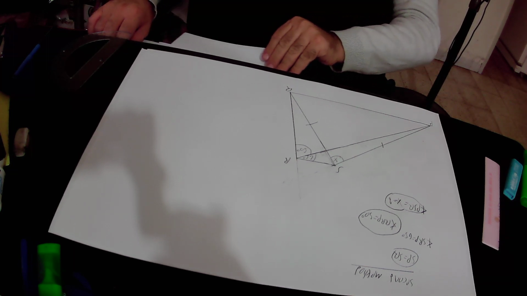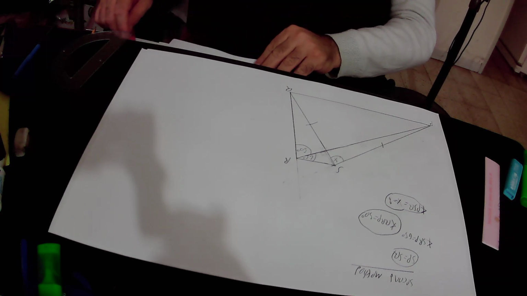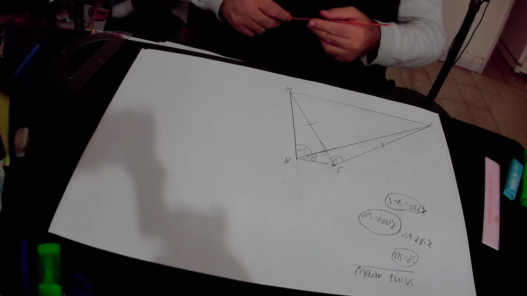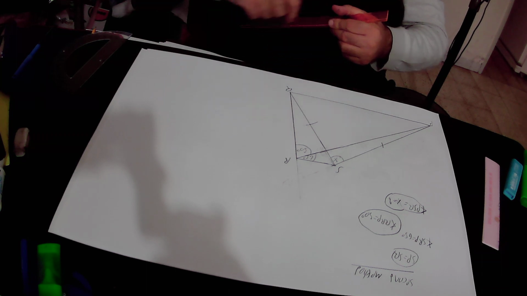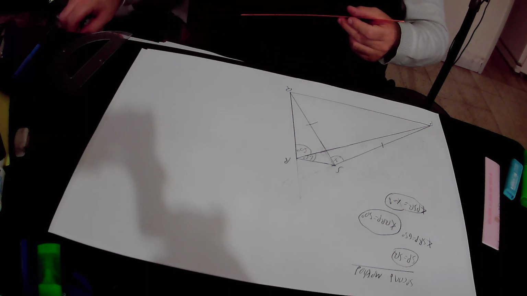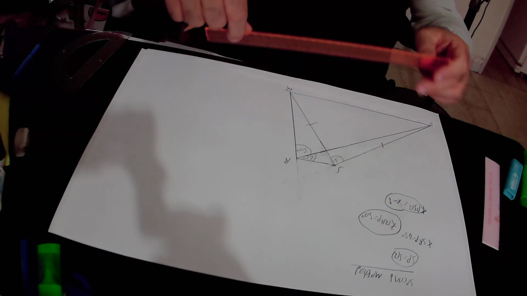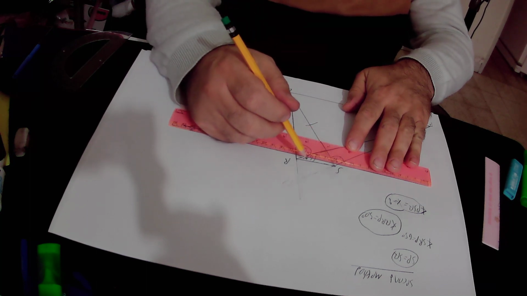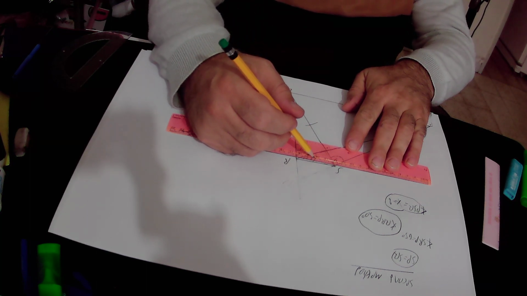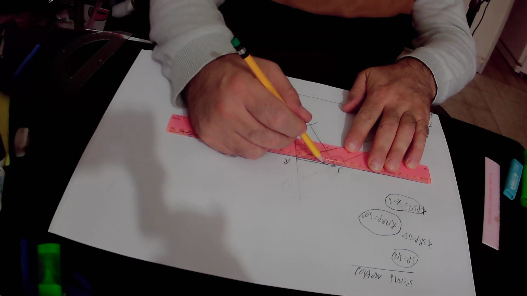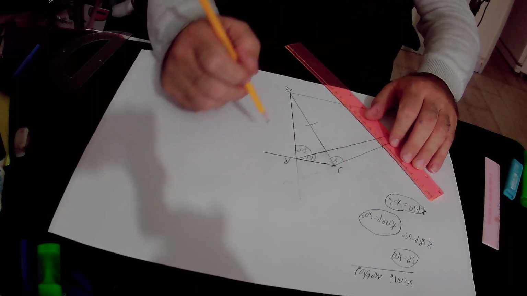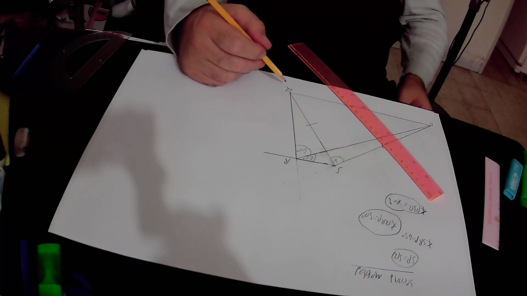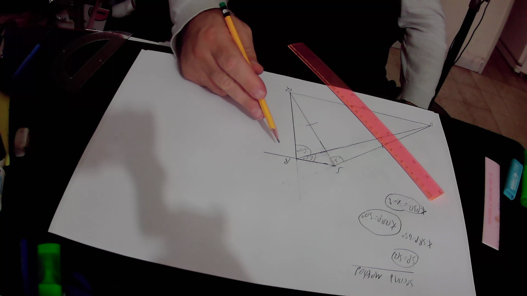In the second method, we will do another construction in order to find the value of angle X. We will extend line segment SR by a straight line, and then from point Q, we will draw a perpendicular to the extended SR.